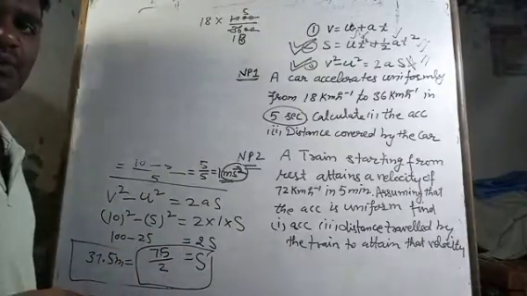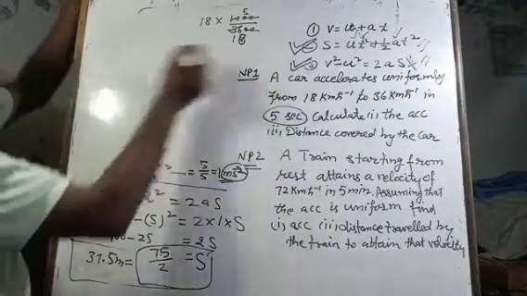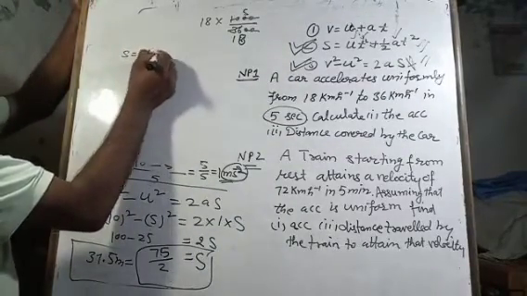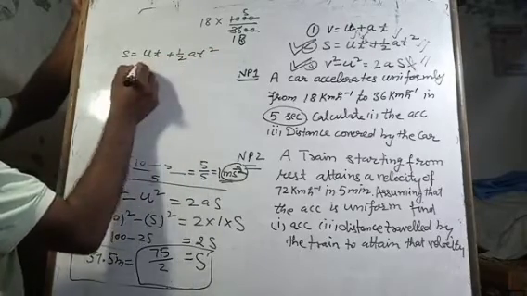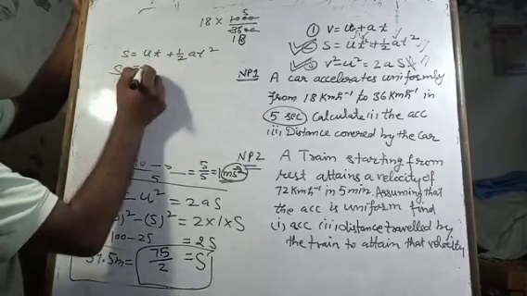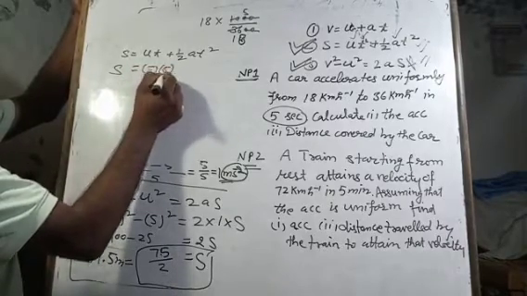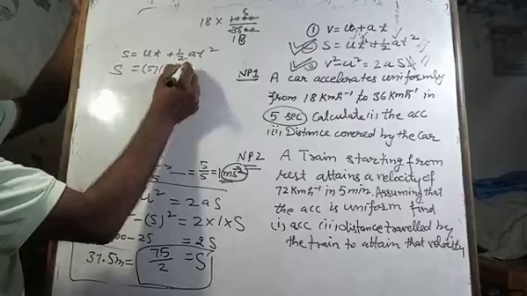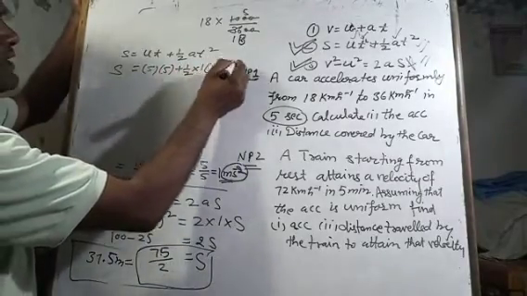Okay, if any two variables are given, we can find out the third variable by using this formula. S is equal to ut plus half at square. Let's calculate s. U was 5, t was 5 seconds, plus half, acceleration is 1, t is 5 again.